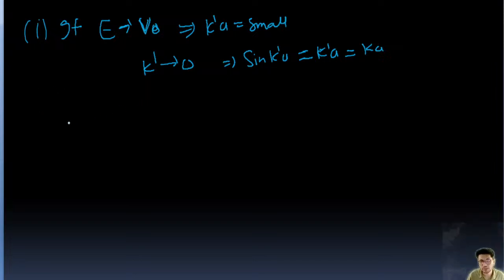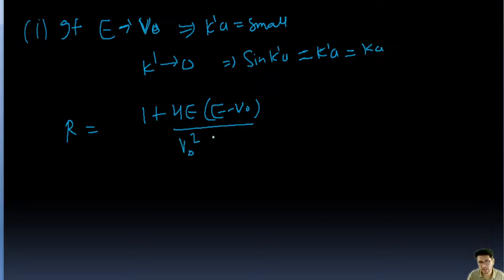So then in that case R, the reflection coefficient, is going to be 1 plus 4E(E − V0) upon V0² sin² of K, which is going to be K squared, and inverse.